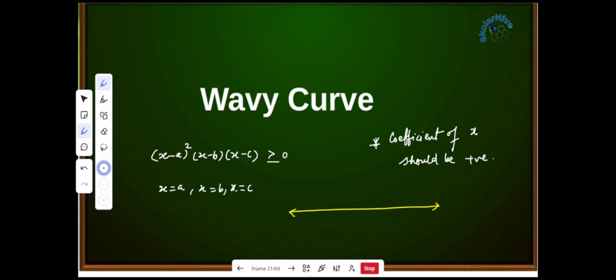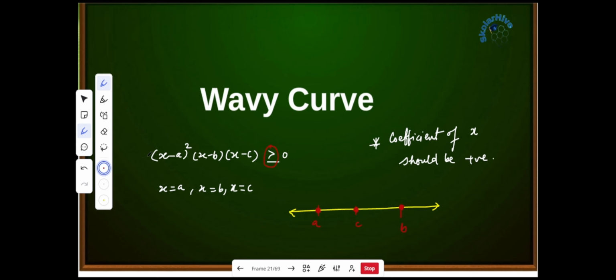Let's say I'm taking b as the biggest among all and a is the smallest, so a, c and b. As this inequality is greater than or equal to, all these points will be included in the solution. So for greater than equal to, if the solution is included, we will always use the shaded circle at each critical point.